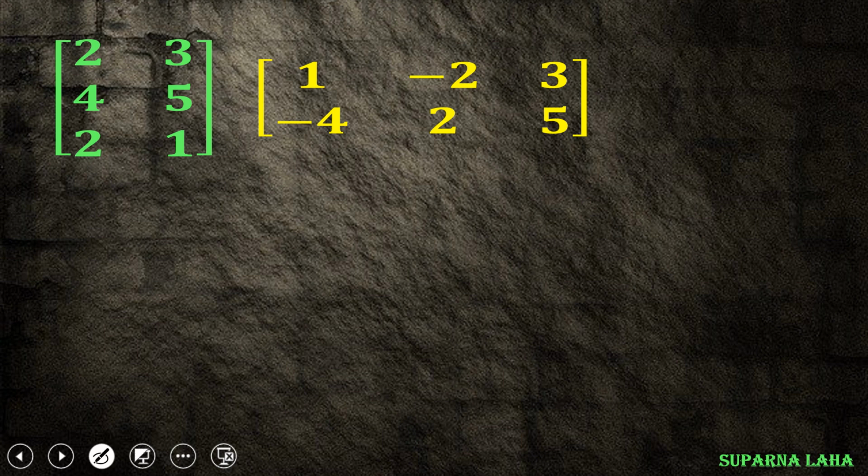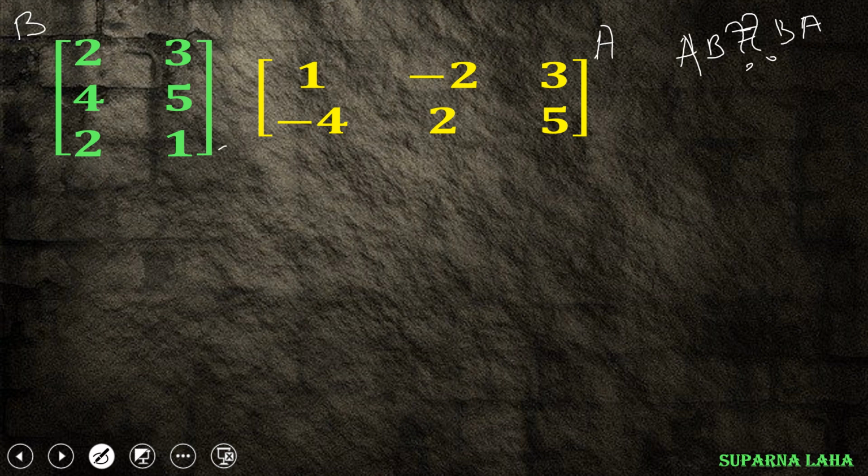But for matrix multiplication, are AB and BA the same or not? Here we need to check this. Okay, so this is the matrix B and this is the matrix A. We already took this one as B and this one as A in our previous example. So let's check whether BA is defined or not.